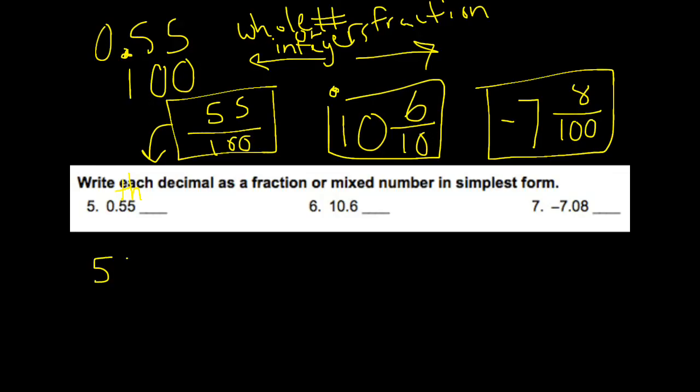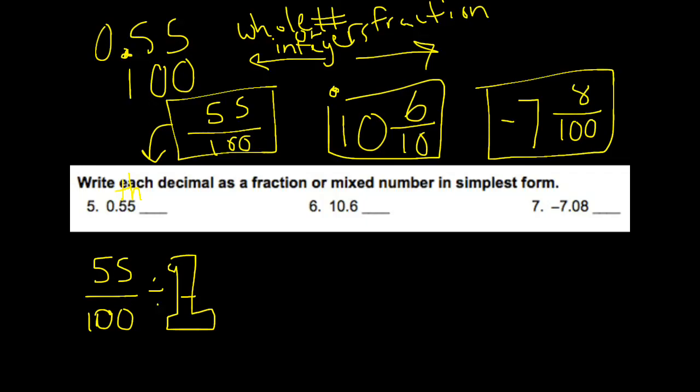So I'm going to start with 55 over 100. Whenever I simplify, I can always divide the top and the bottom number by the same number. So I call that my onesie. So what's a onesie? A number that can go into both the top and the bottom.